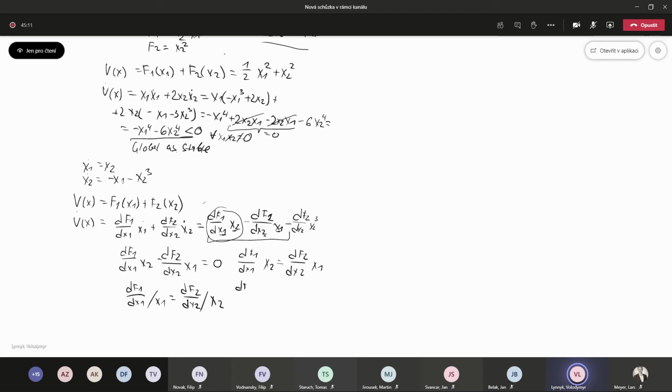Okay, and the same: df1/dx1 divided by x1 equal to 1, so df1/dx1 equal to x1, and after integration we receive that f1 equal to 1/2 x1 cubed, and we can do the same with df2/dx2 equal to x2, and f2 equal to 1/2 x2 squared.